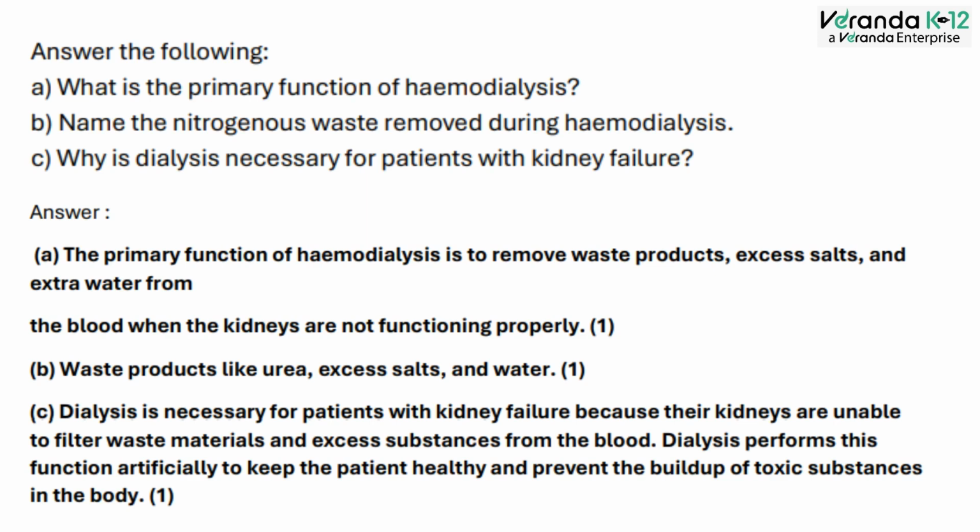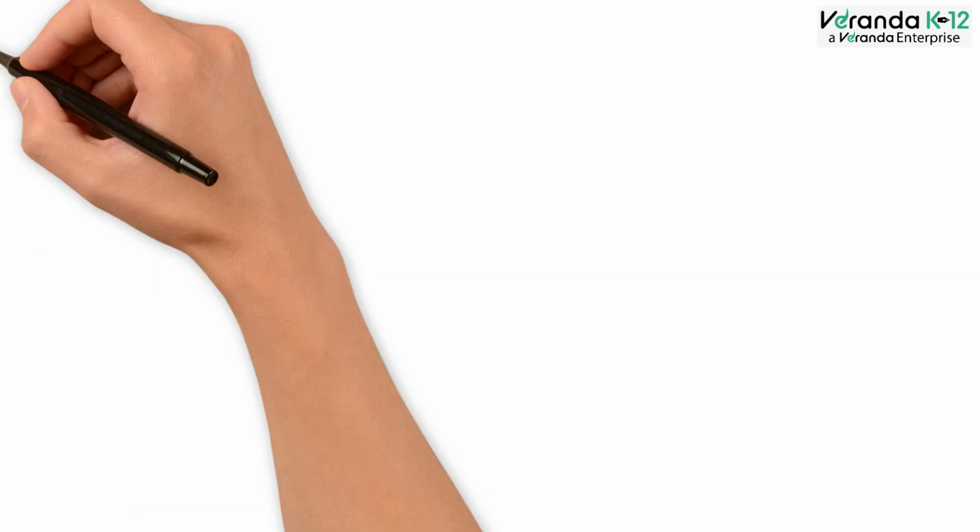C. Why is dialysis necessary for patients with kidney failure? The answer is dialysis is necessary for patients with kidney failure because their kidneys are unable to filter waste materials and excess substances from the blood. Dialysis performs this function artificially to keep the patient healthy and prevent the buildup of toxic substances in the body.